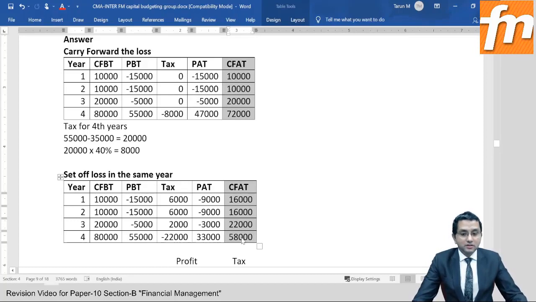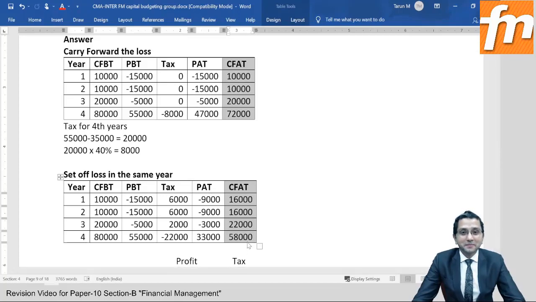Cash flows have changed. If you simply make a sum total of all these cash flows now, you'll get the total equal to 1,12,000 over here. 10 plus 10, 20, 20 plus 20, 40, 40 plus 72, 1,12,000. And here also, if you make a total now, again you will get 1,12,000. Isn't it surprising?